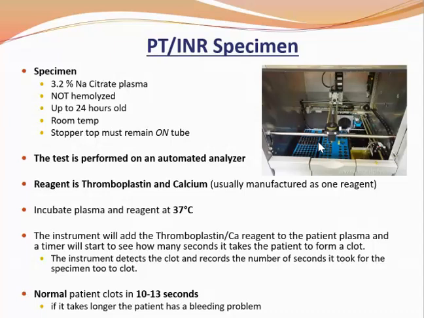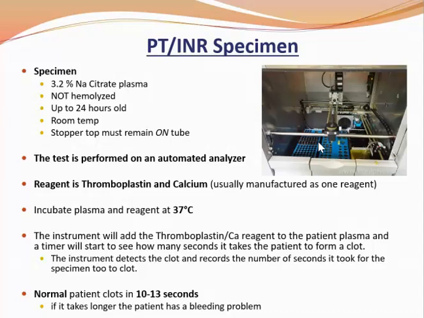Throughout the process, the instrument is going to incubate the plasma and the reagent at 37 degrees Celsius. The instrument will add the thromboplastin and the calcium reagent to the patient's plasma, and a timer will start to see how many seconds it takes for that patient plasma to form a clot.